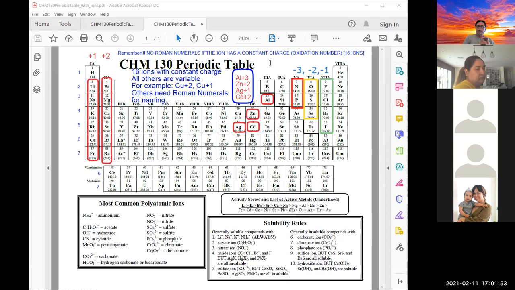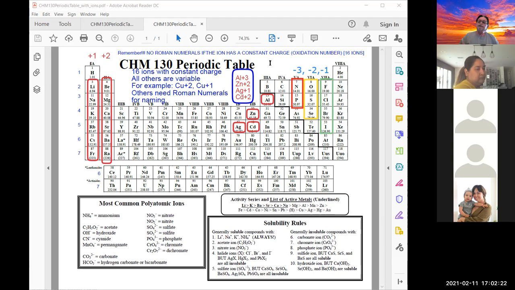Nitrogen and phosphorus, when they become ions, will have a -3. Why? They're in group 5. They pick up 3 electrons. Oxygen, sulfur, and selenium will always have a -2. Why? Because they're in group 6. They pick up 2 electrons. And fluorine, chlorine, bromine, and iodine will always have a -1.